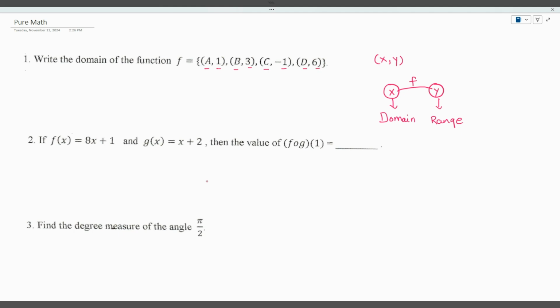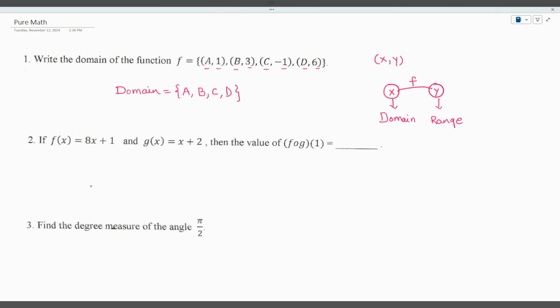All input values are known as the domain. So what will be the domain here? The domain over here is A, comma, B, comma, C, comma, D.